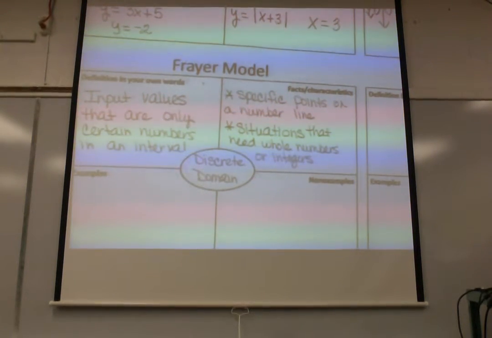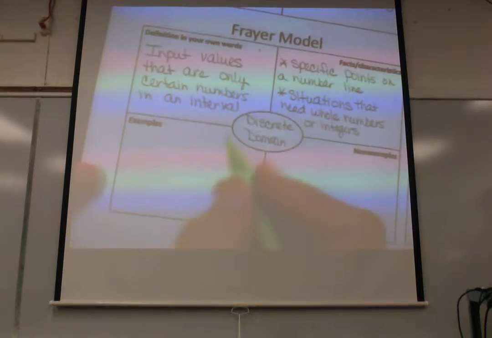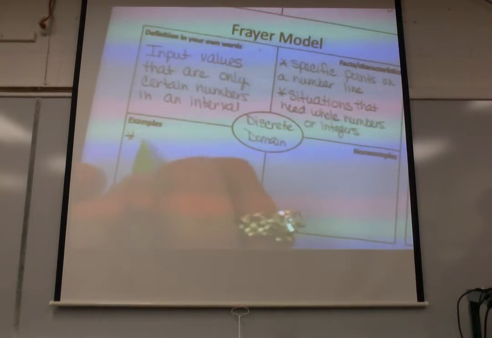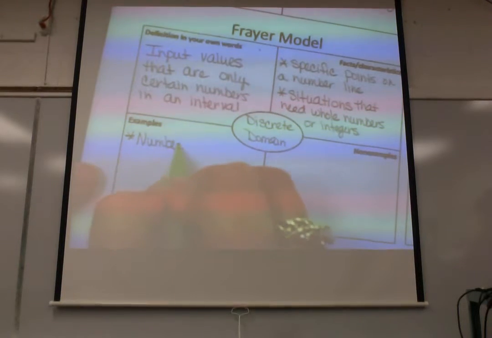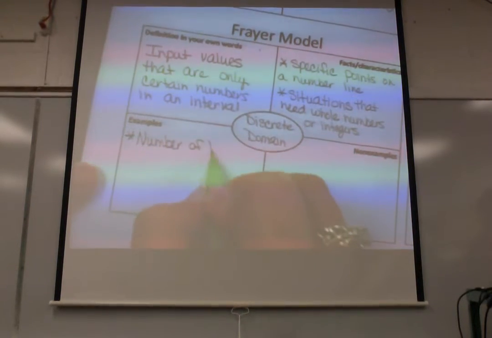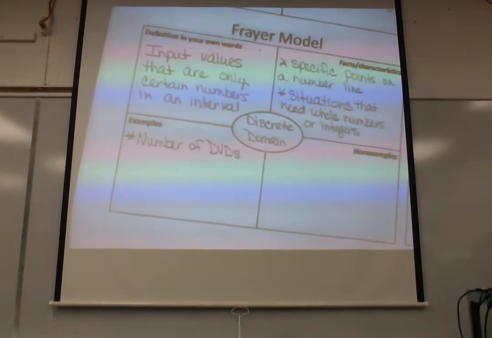So with the discrete domain, you're only going to have points. For example, number of DVDs, because that's going to be a specific number. You're going to have 13 DVDs or 12 DVDs.